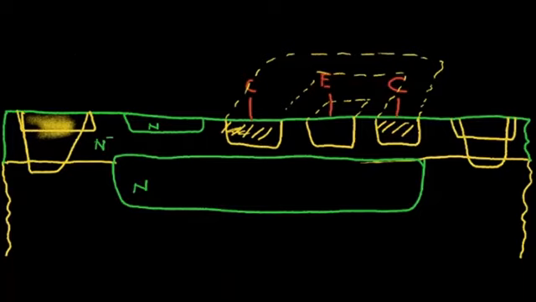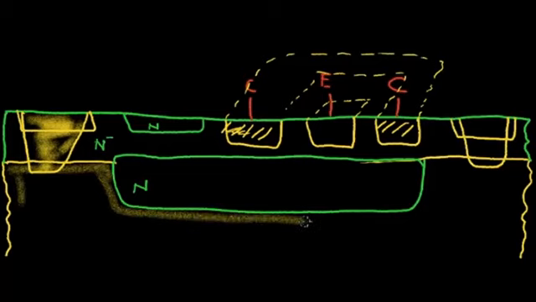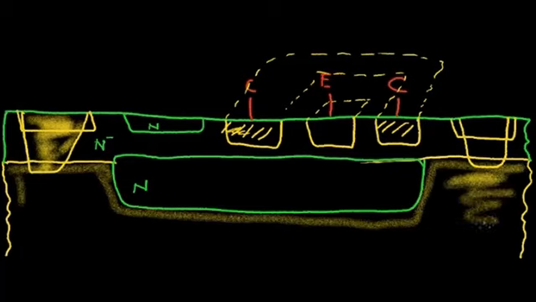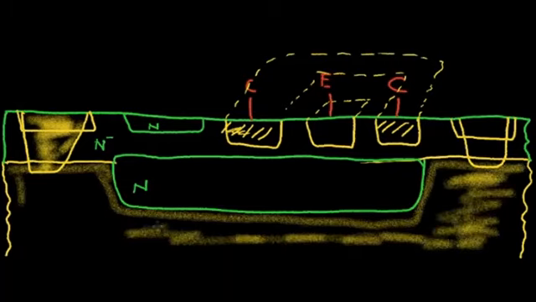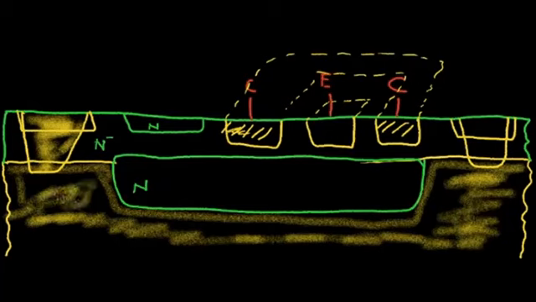So let's go back to shading in our different regions. This is P region. The starting wafer is P material. This is all P material. This collector region is put in at the same time as this emitter region, as this collector region.